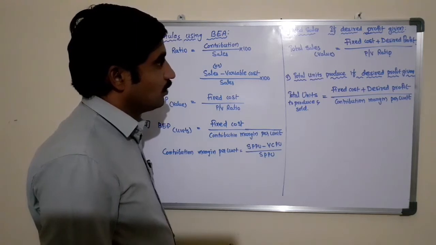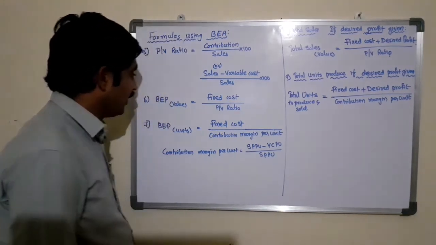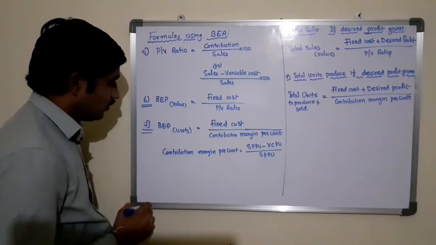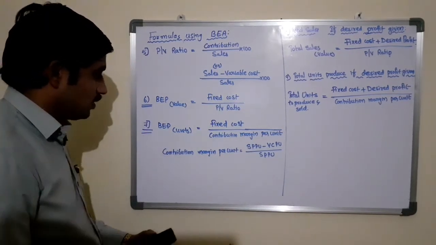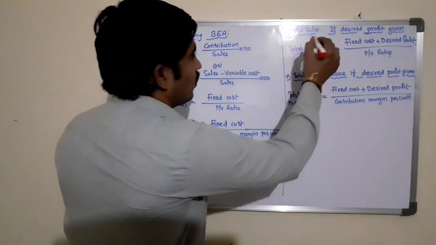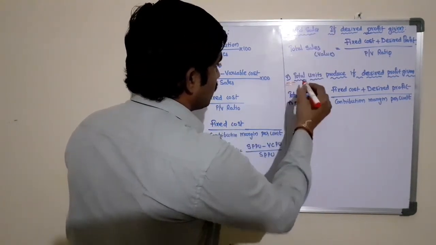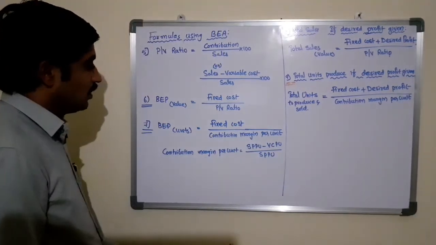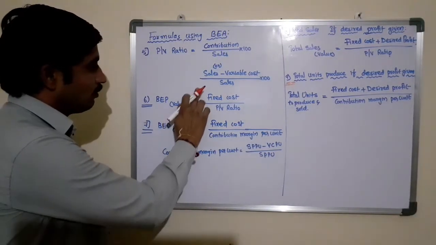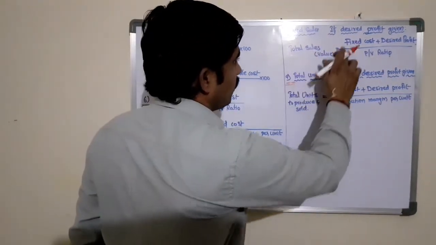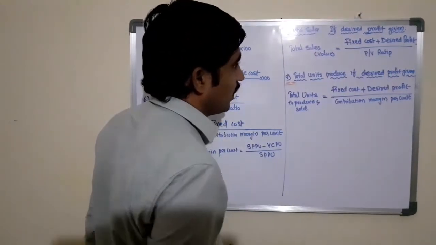Now you can compare the BEP sales in terms of value, BEP sales in terms of units, total sales in terms of value, and total sales in terms of units. So BEP value formula fixed cost by PV ratio. Total sales value fixed cost plus desired profit by PV ratio.